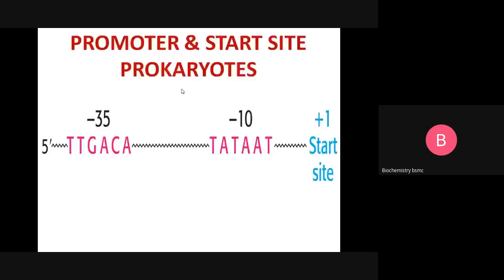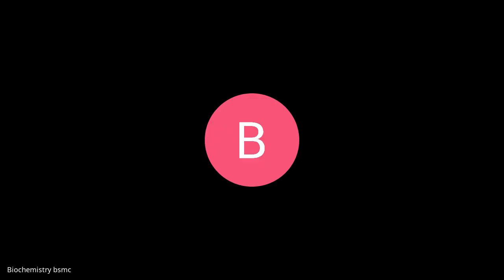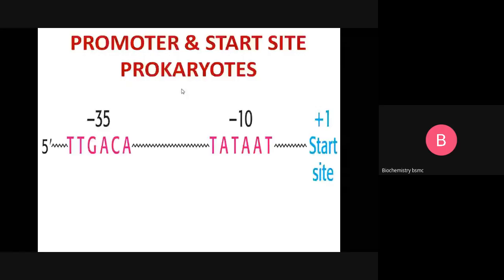In E. coli, or in the case of bacteria, the promoter regions have certain common sequences, and it is seen that the promoter regions are usually AT rich.